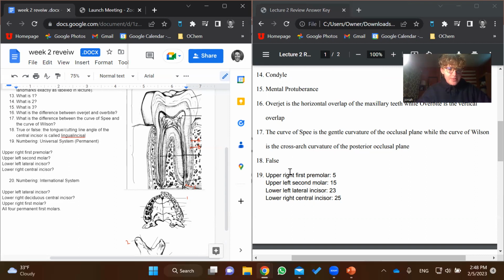True or false? The tongue/cutting line angle of the central incisor is called the lingual incisal. Not true. The universal system, I always think about that as going like, so for me looking at teeth, it would be like this. So I think for you, it would be going around the world, starting with 1 and numbering all the way around to 32.